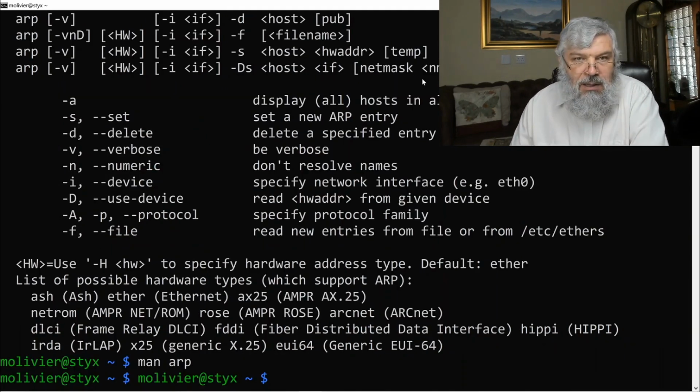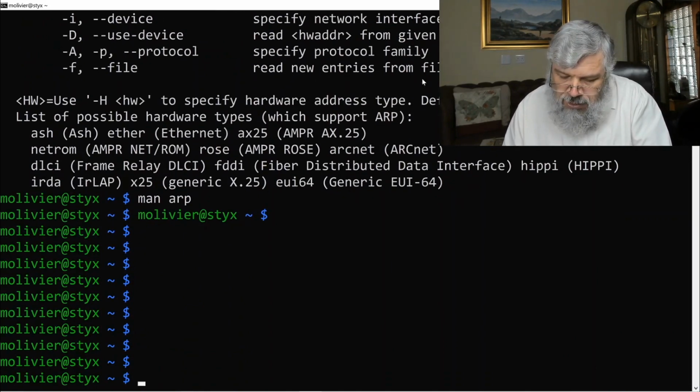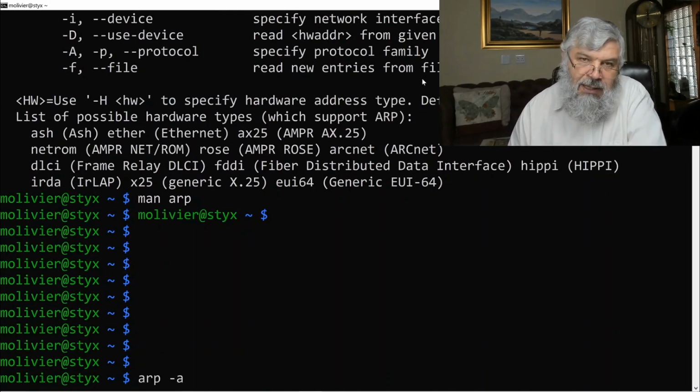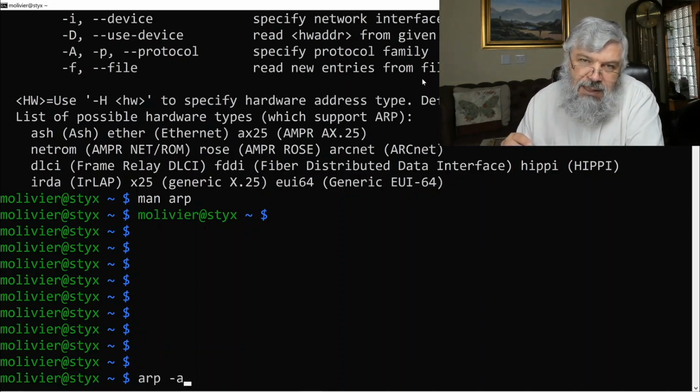But the most common way in which we use it is to say ARP -a. In other words, which machines has this machine been talking to recently? Because once it has translated an IP address to a MAC address, it caches it for a while. I can also use the ARP command to clear that cache, by the way.